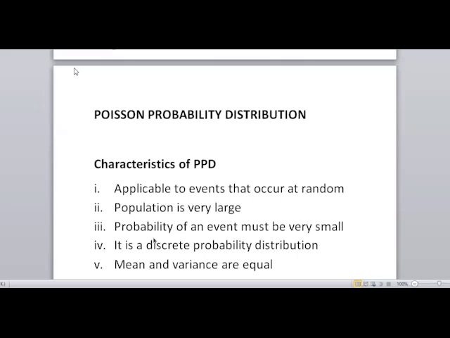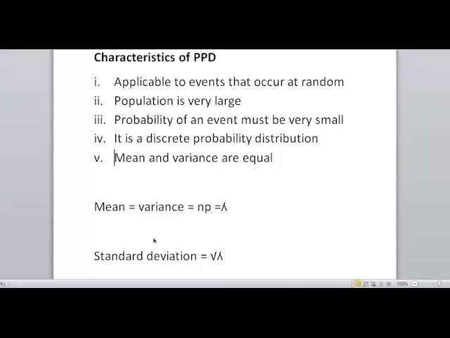So if you found the mean of 5, it means the variance is also 5. We'll look at the calculation of the mean. Those are the 5 characteristics. Any questions?